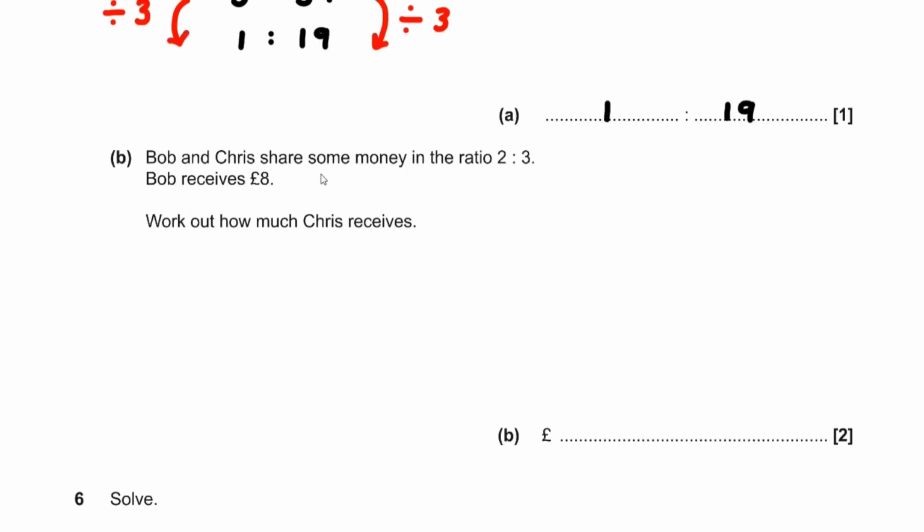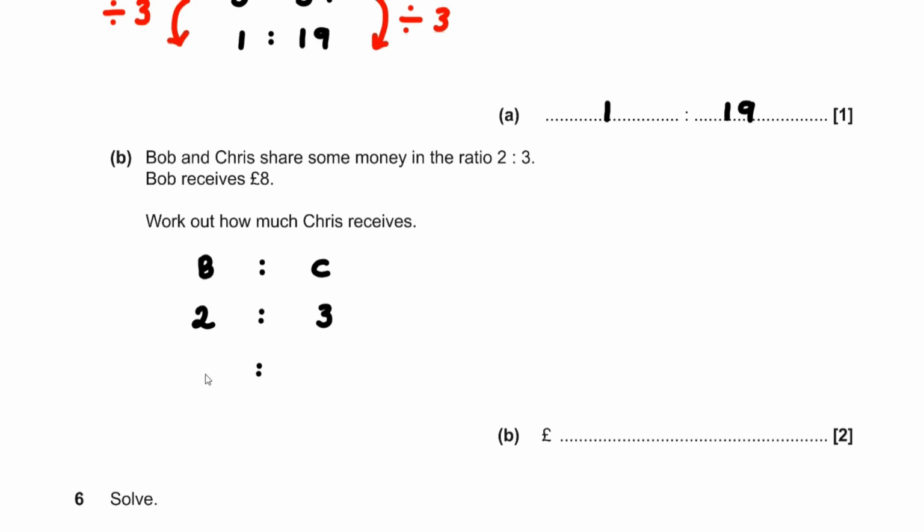Part B, Bob and Chris share some money in the ratio 2 to 3. Bob receives £8. How much does Chris receive? So we've got this ratio of Bob to Chris being in the ratio 2 to 3.